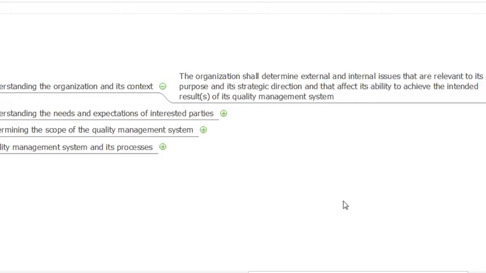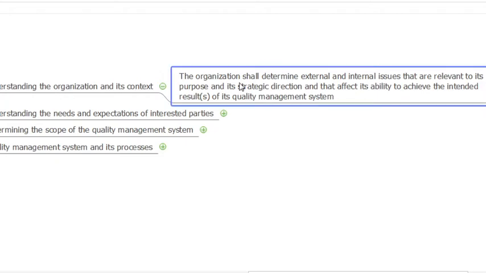When we see the standard, it is mentioned: the organization shall determine external and internal issues that are relevant to its purpose and its strategic direction, and that affect its ability to achieve the intended results of the quality management system. Here is the main line.